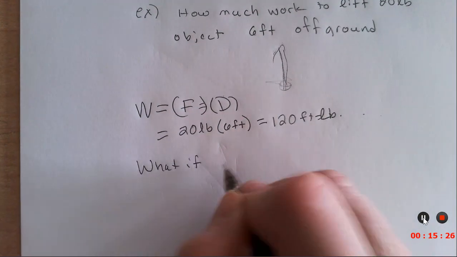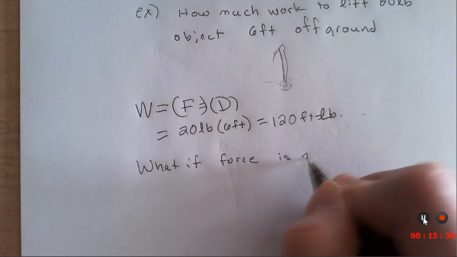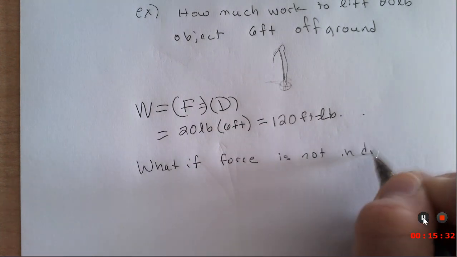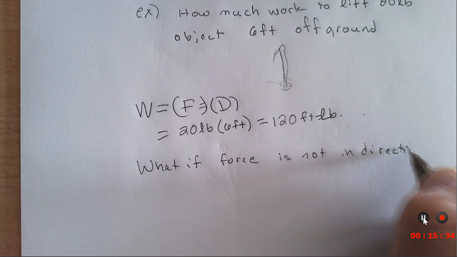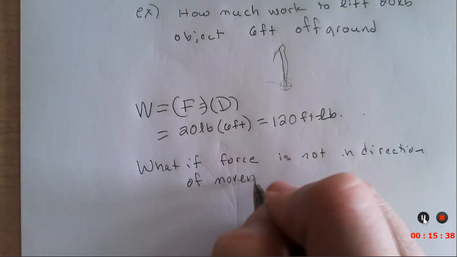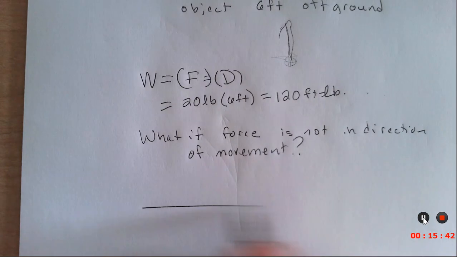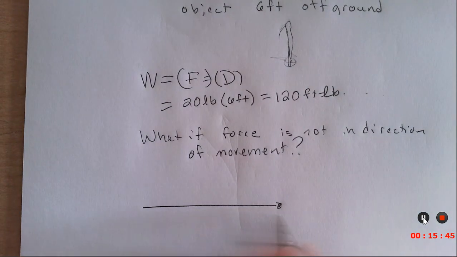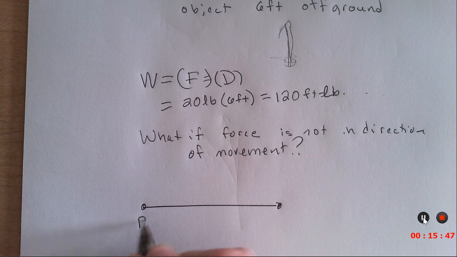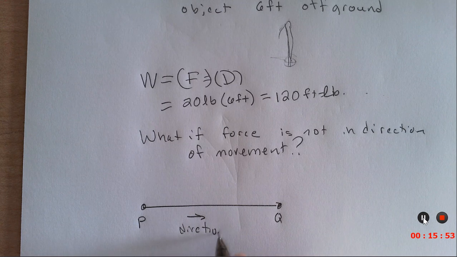Okay, pretty simple. Now they get more complicated. So what if the force is exerted and it's not in the direction of the movement? So let's look at this. So let's say I'm moving something from point P to point Q. So I'm moving this way. So this is the direction of motion.